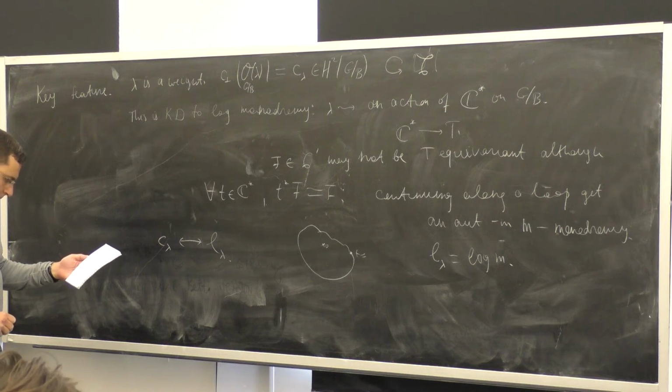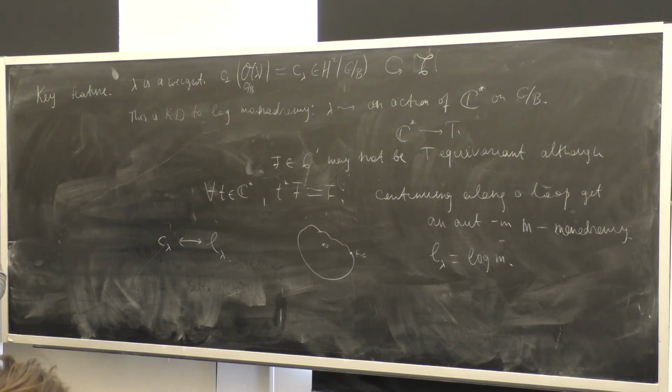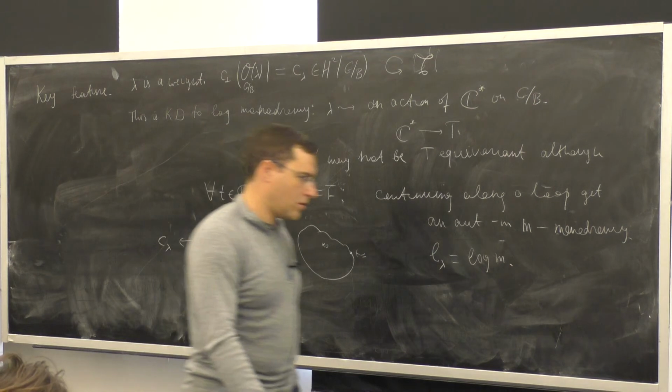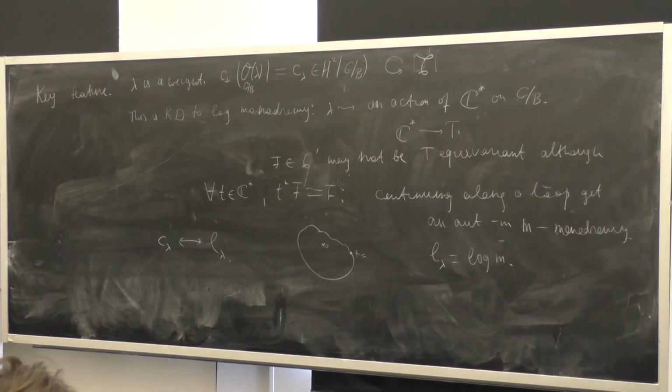This map from C star to T, lambda started as a weight, and now you're treating it as a coweight. Yes, so I can either choose a quadratic form and do it on the same side, or more canonically, I can use the second version.